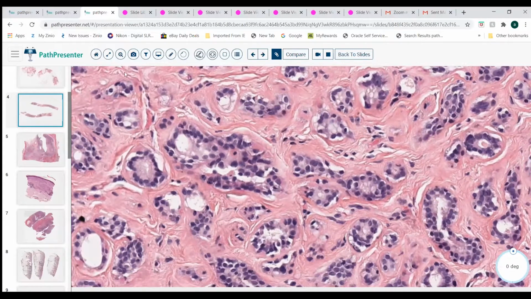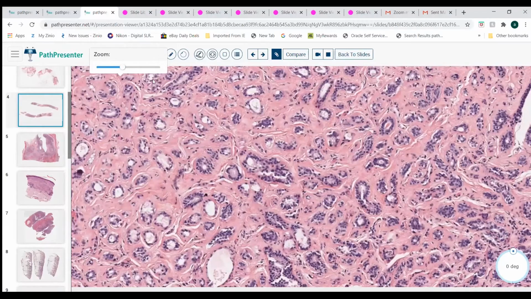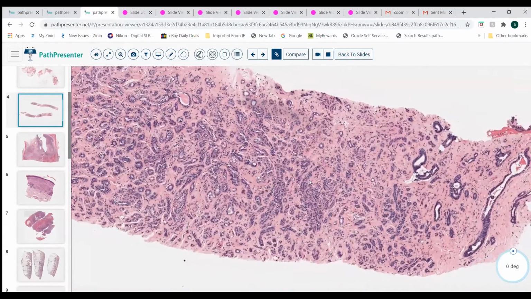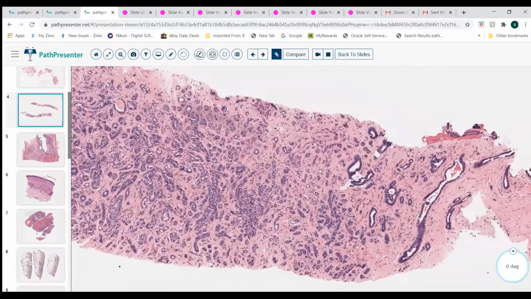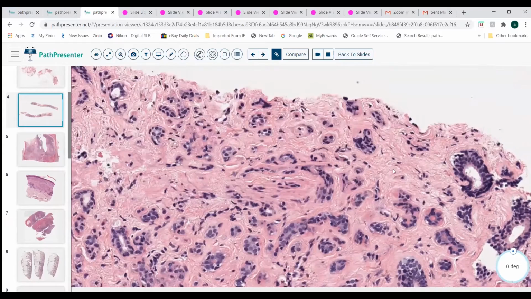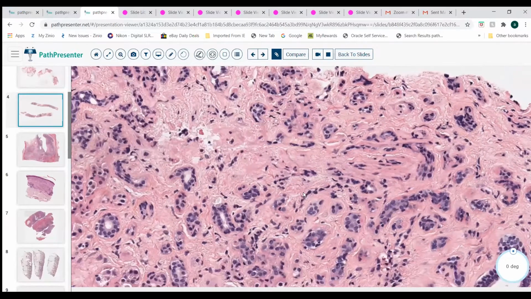Let me go again into low power and give you another minute with this. And then I will go through it as well in a little bit more detail.